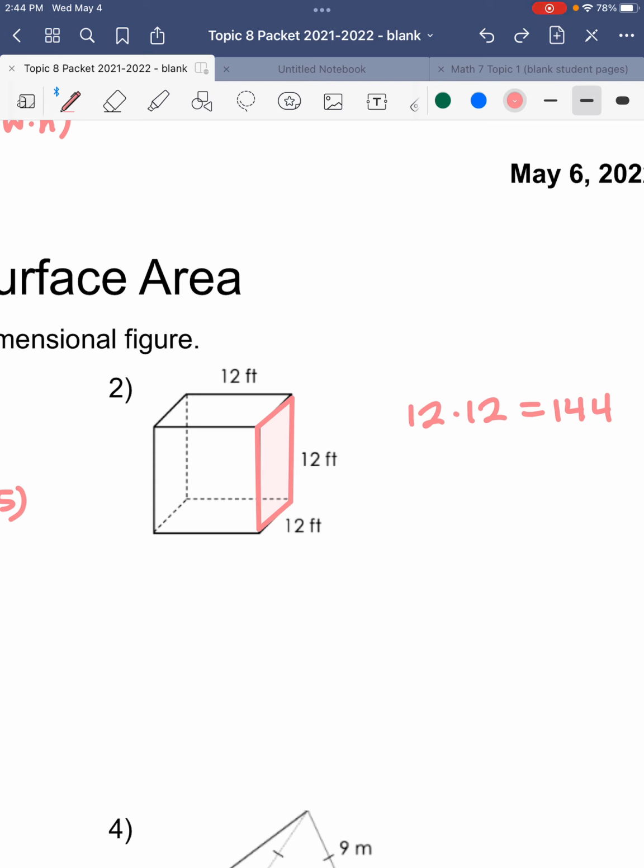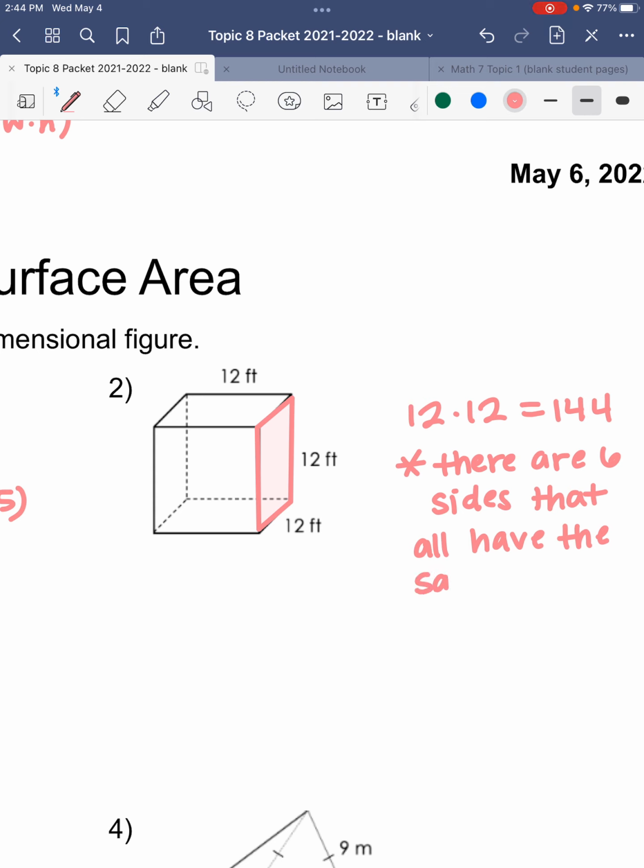So there are 6 total sides that all have the same area. So knowing that, would it make sense to take this 144 and multiply it times 6?